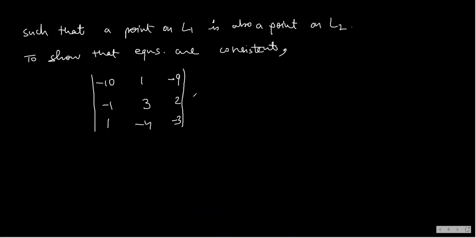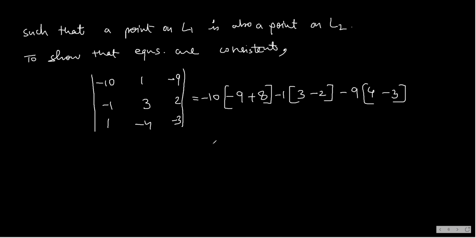So what is it equal to? It is equal to minus 10 into minus 9 plus 8, minus 1 into, I hope you know how to evaluate the determinant, 3 minus 2, minus 9 into 4 minus 3.